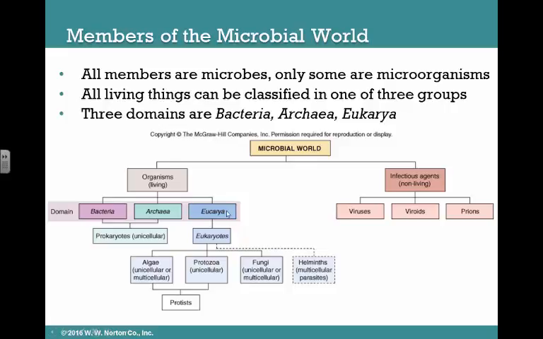But microorganisms in the domain eukarya have a eukaryotic cell structure. It's more complex, has internal compartments that are bound by a lipid bilayer, a biological membrane. And so all of these members of the microbial world, algae, protozoa, fungi, and helminths, are all part of this domain of eukarya.